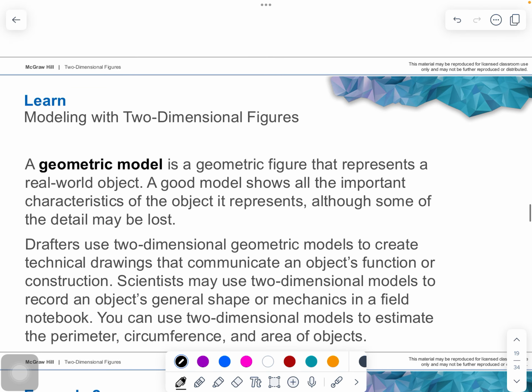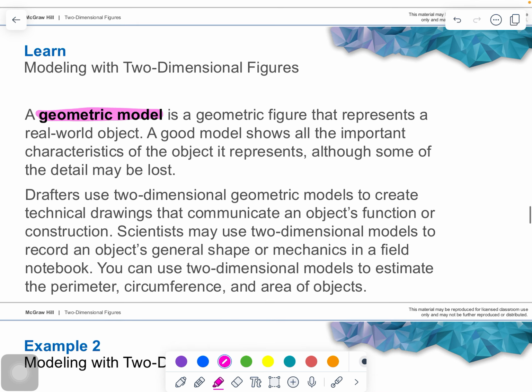Now we're going to model with two-dimensional figures. The fill in the blank here is a geometric model, is a geometric figure that represents a real-world object. A good model shows all the important characteristics of the object it represents, although some of the detail may be lost. Okay?